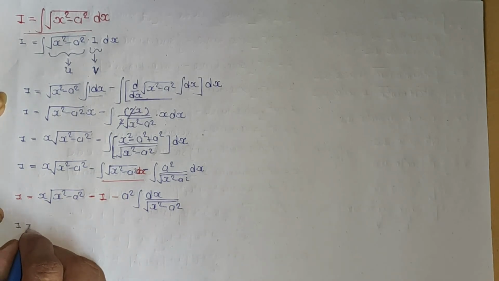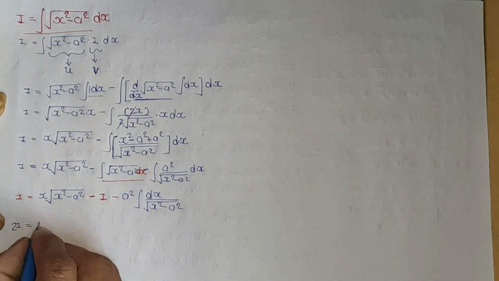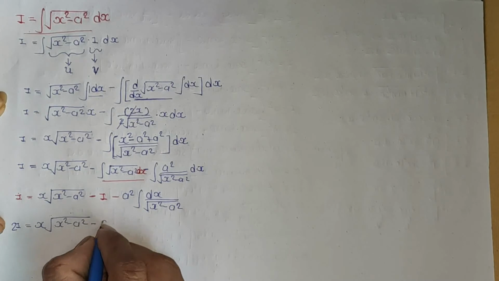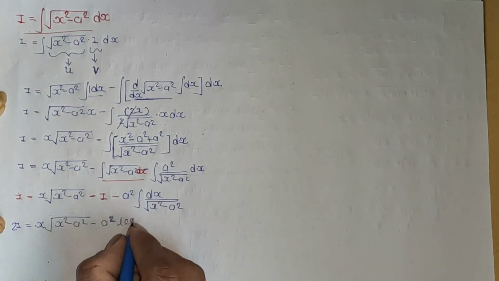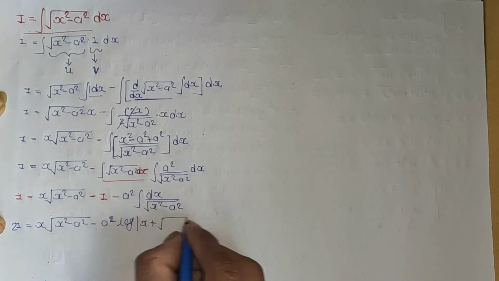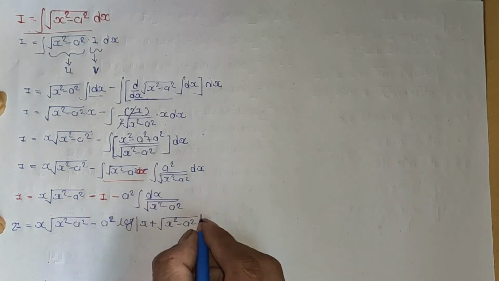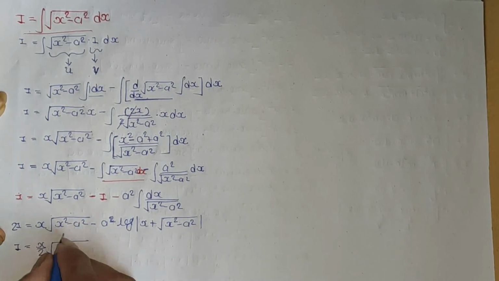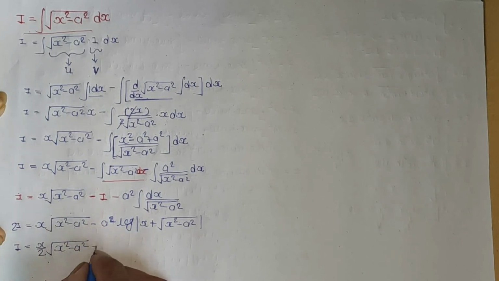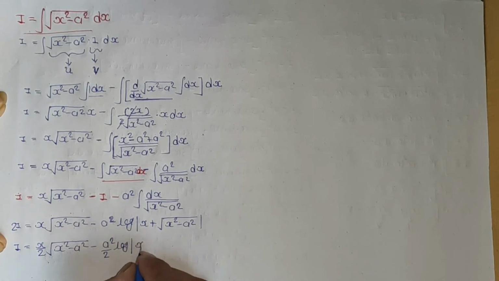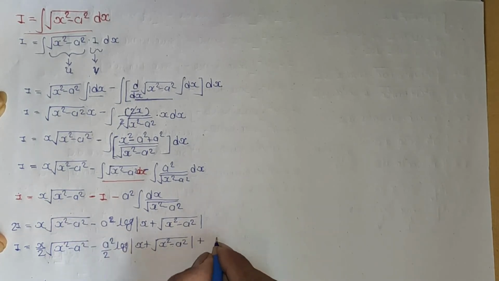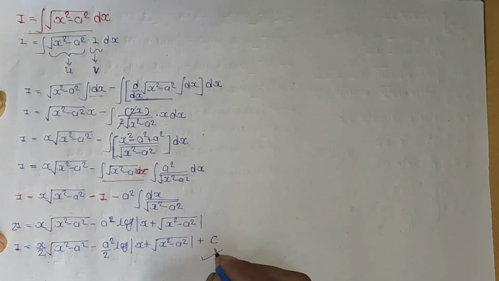Now I equals x by 2 square root of x square minus a square by 2 log mod x plus square root of x square minus a square plus constant c. That is our formula.